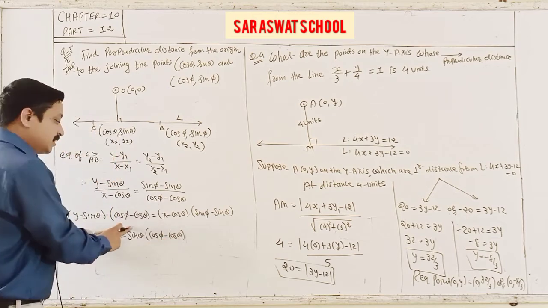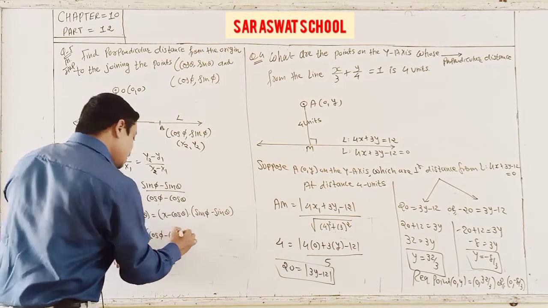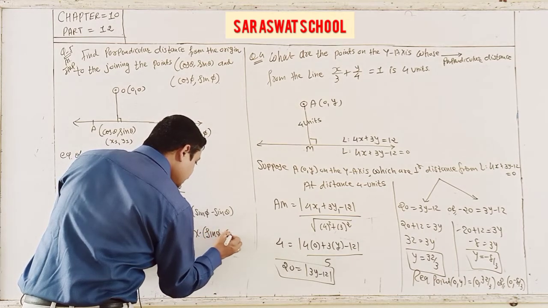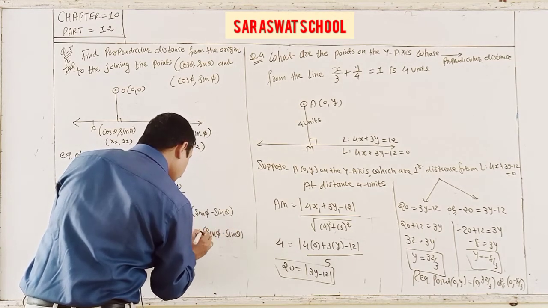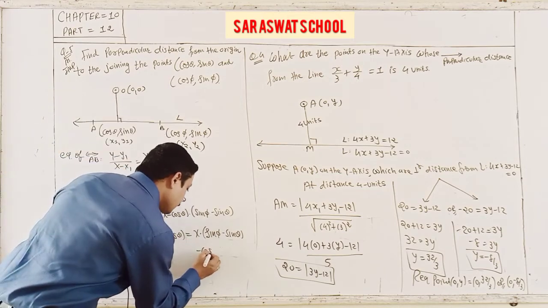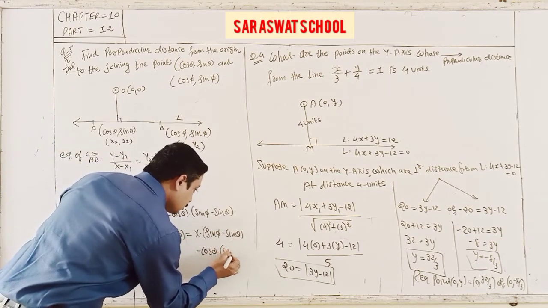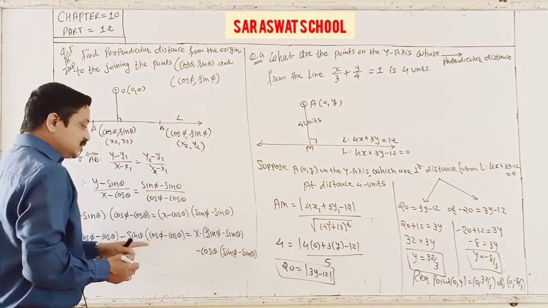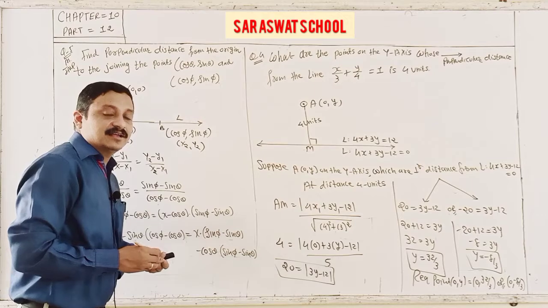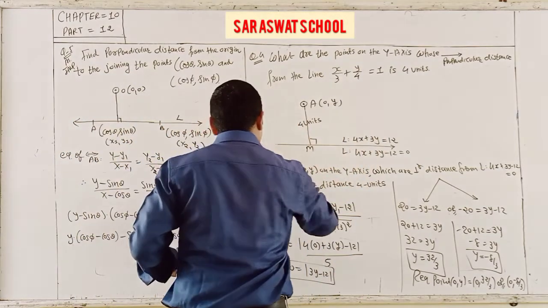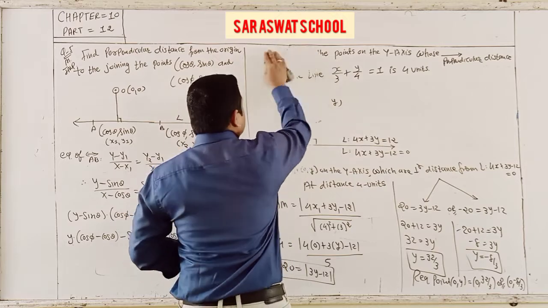I just simply expand it. Here also the same: x with sin phi minus sin theta, minus cos theta with sin phi minus sin theta. Now expand all one by one, so your solution is in a simple way.